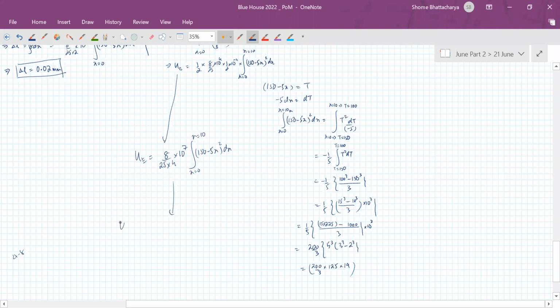So when we work this out, this will come out to be minus 7 into this factor, which is now how much? 125 into 2 is 250, so 2.5 into 10 raised power 4 into 19 by 3.